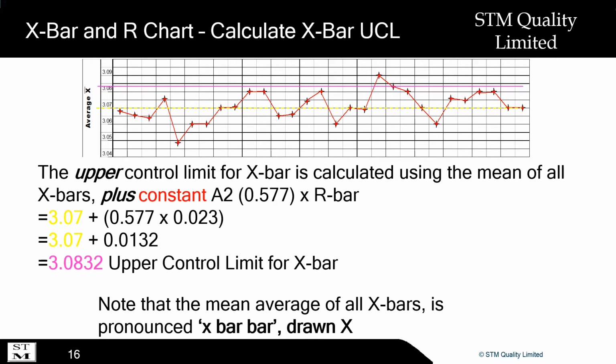Note that the mean average of all x bars is pronounced x bar bar, drawn like this, an X with 2 lines written above it.